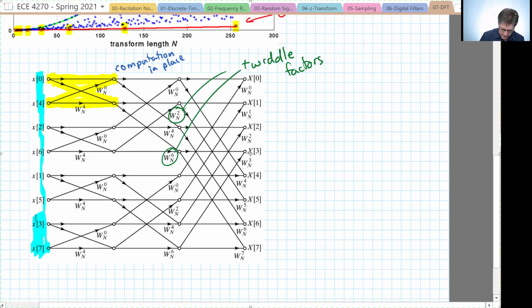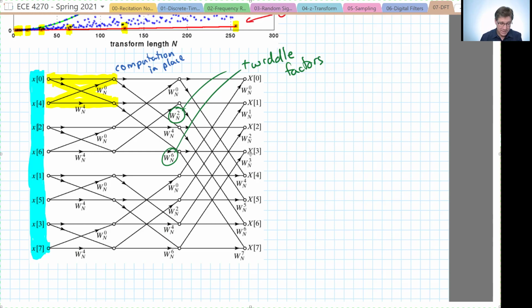I would like next to call your attention to the values over here on the left. So we have obviously the even ones at the top and the odd ones at the bottom. We did that in the first stage.